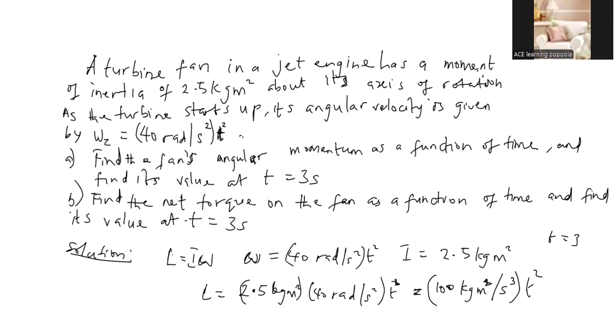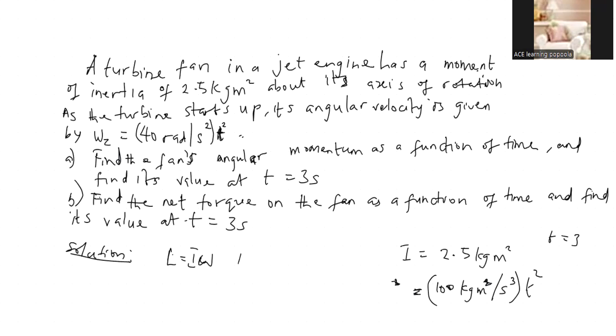So we have 100 kilogram meters squared per second cube times 3 squared, which is 9. So this will give us 900 kilogram meters squared per second.